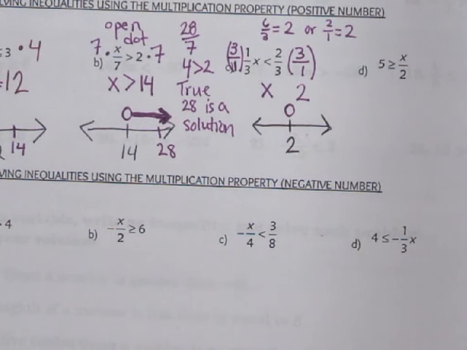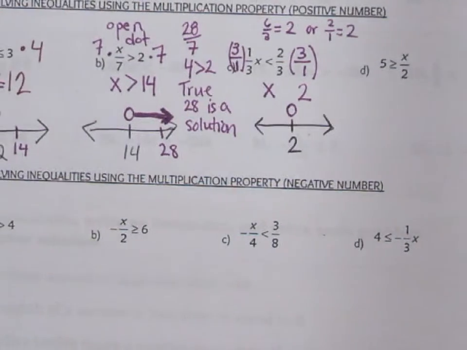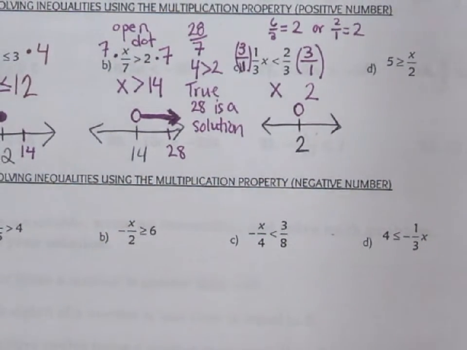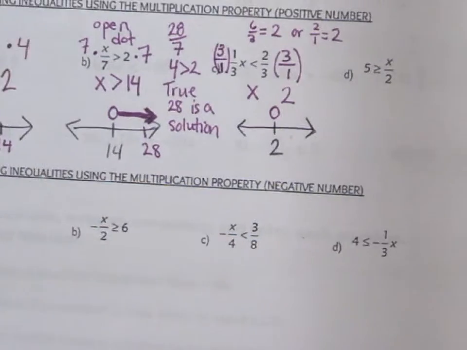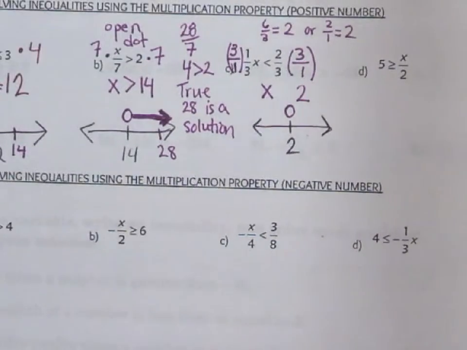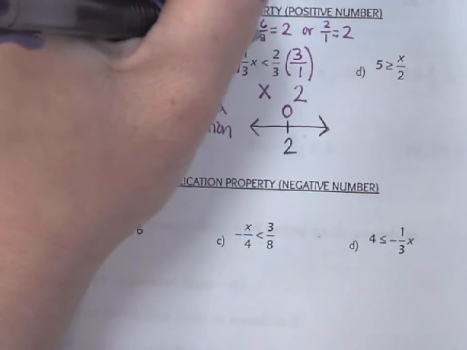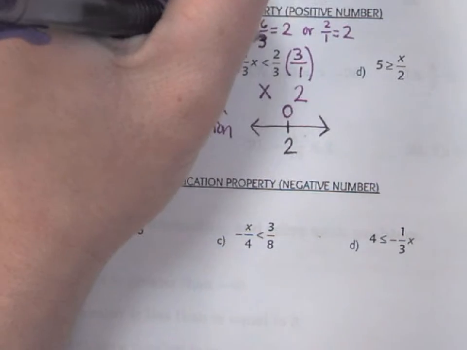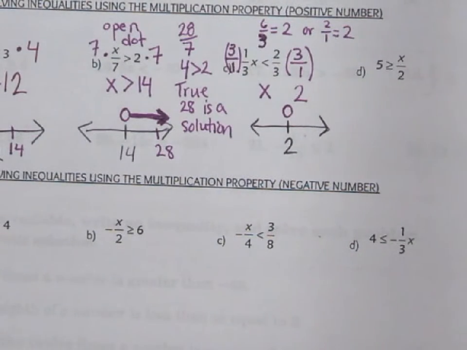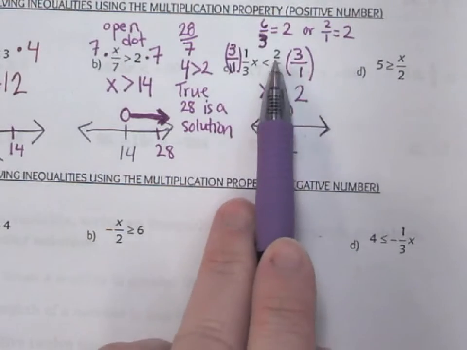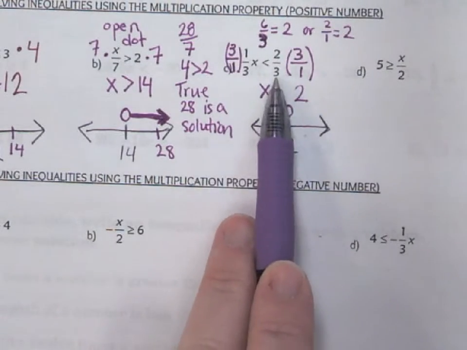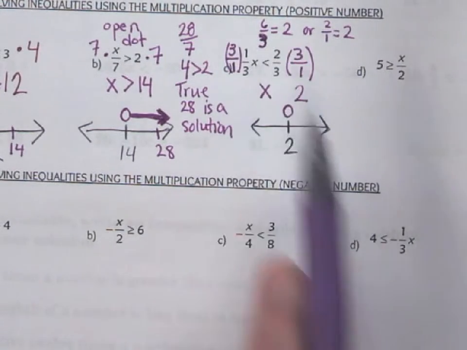Oh, go ahead, Josue. Is it a 3 or a 2? 3, yeah. So the first one is 2 times 3 is 6. 3 times 1 is 3, which simplifies.